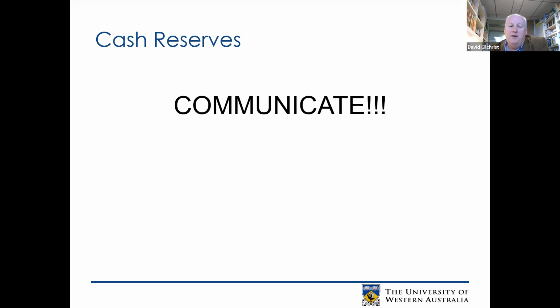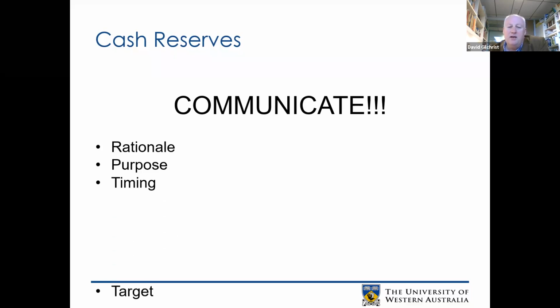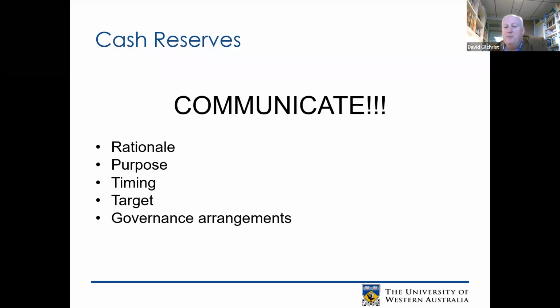So cash reserves, I think a really important element is that communication policy, as I mentioned before, that capacity to be able to tell funders and others why you've got that cash in the bank and why it's important to your organisation and why they should continue to provide cash, notwithstanding you do have those reserves set aside. So the key issue is that communication. The rationale, the purpose, the timing, the target, and the governance arrangements are all critical parts of that communication to give people confidence that you're actually using that cash and accumulating the reserves for valuable purposes aligned with the mission of the organisation.